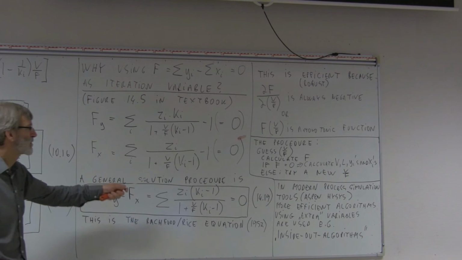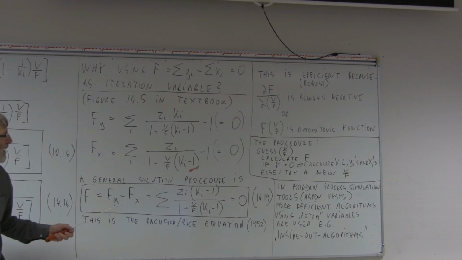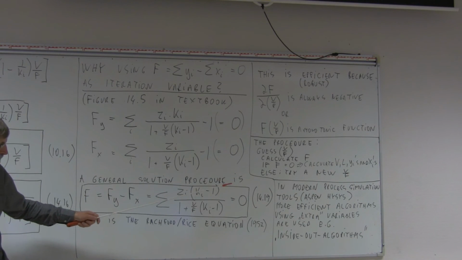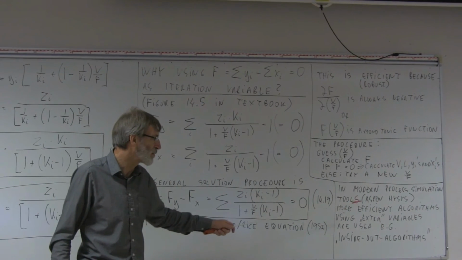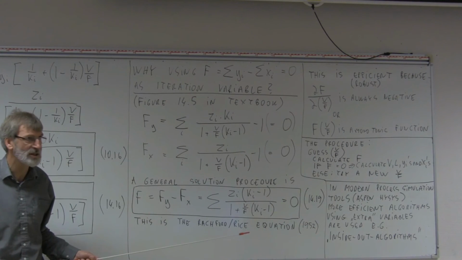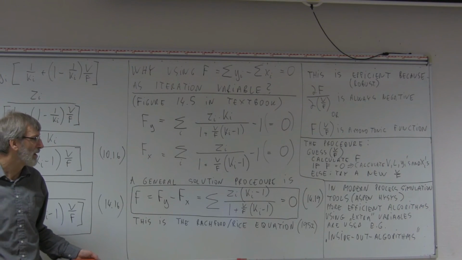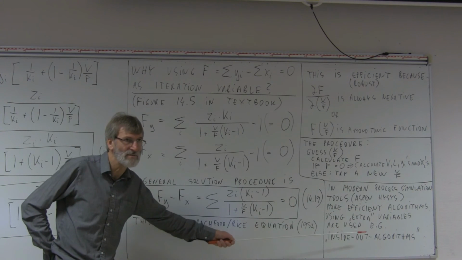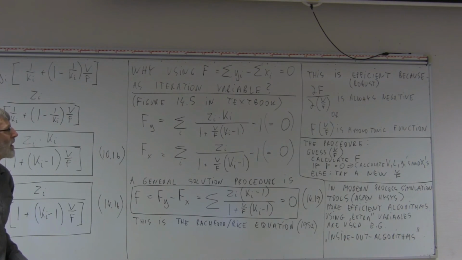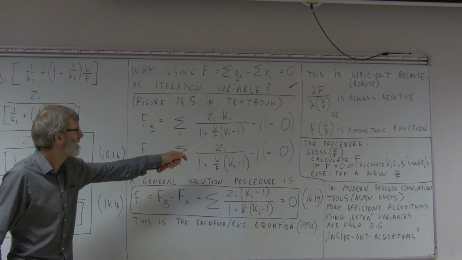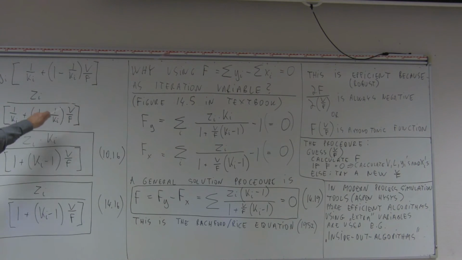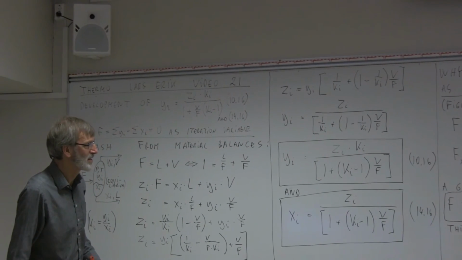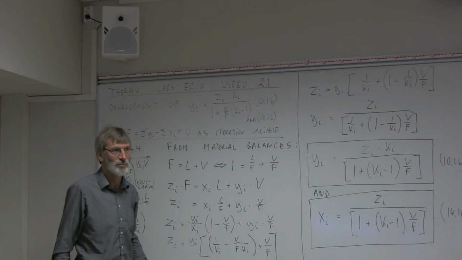This can be used in algorithms, but in modern process simulation programs like Aspen HYSYS, they have even more efficient algorithms, adding extra variables for iteration. But this is meant to give an idea of how this can be calculated in a computer.